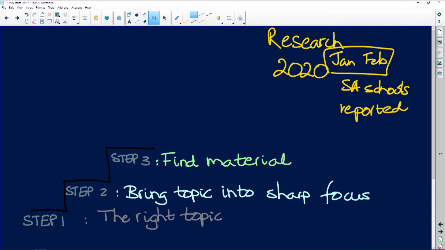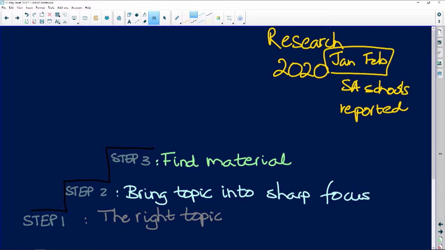So a lot of students simply go on the net and they call up the first search engine and they read whatever comes up first. You can't do that. First of all, we have already sharpened our focus. We're looking at schools, and maybe we need to say even sharper. Are we going to do pre-primary, primary, or high schools?